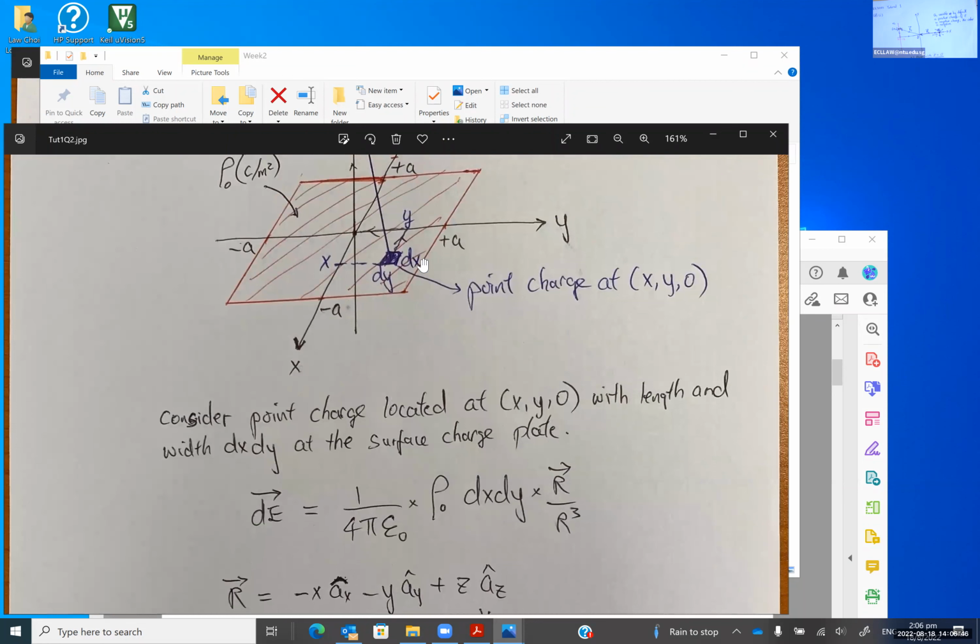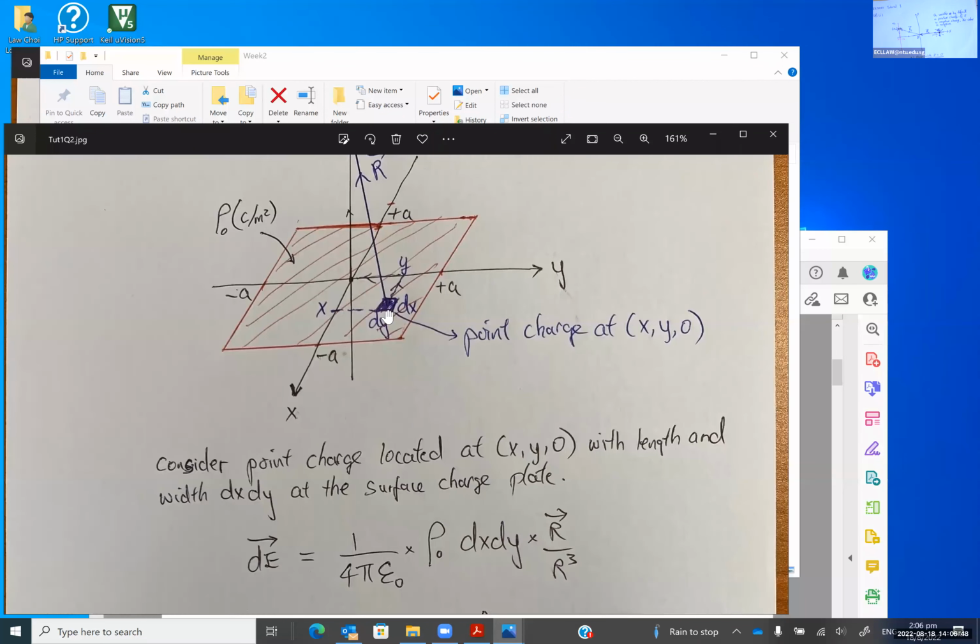When we integrate with x, you're summing all these charges along this line, right? The column, if you like, right? At the end of the day, you have this line charge when you do a dx first. And then after that, when you do a dy, basically you are summing up all those lines across, right? Like that, in the y-axis to get the eventual total E.